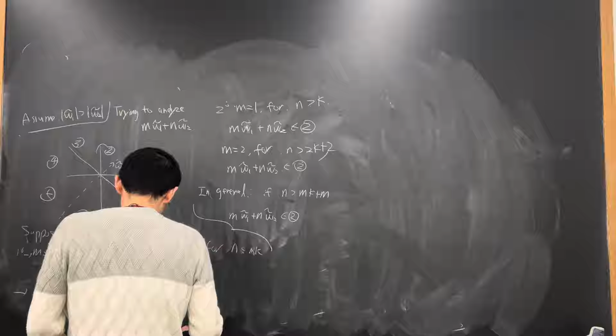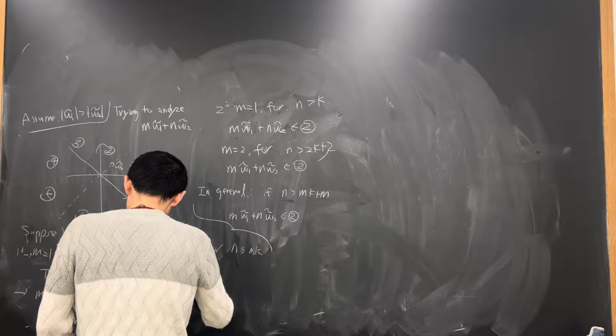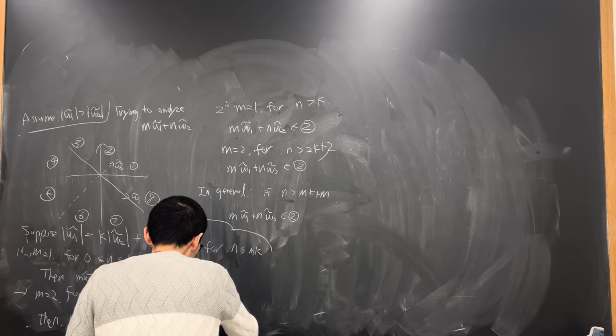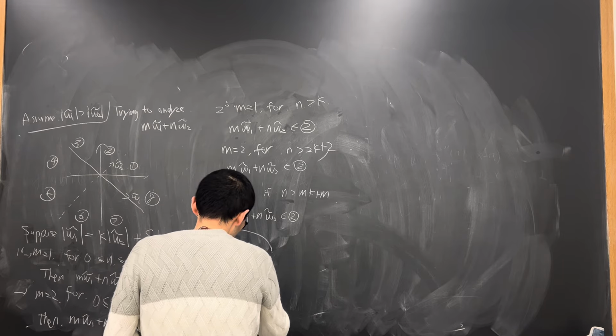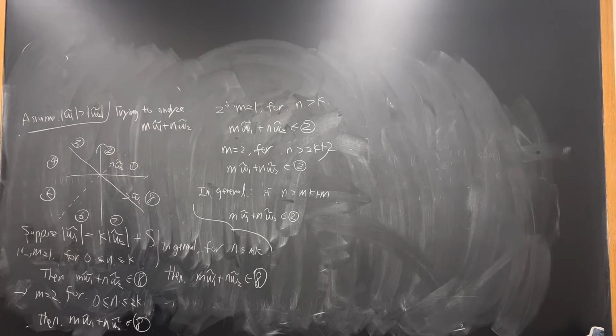Then I also have the same thing: m omega tilde 1 plus n omega tilde 2 is in the region.